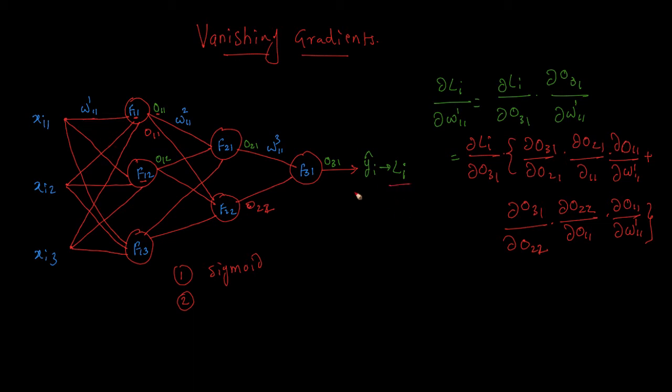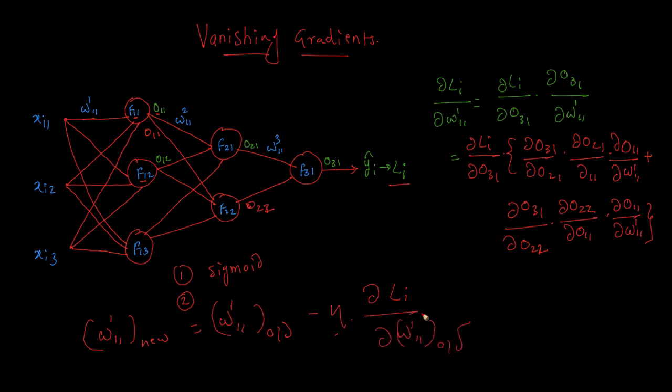For example, if I want to update weight W11, the formula is W11 new is equal to W11 old minus eta, the learning rate, times the derivative of loss with respect to W11 old. That means we need to compute the derivative of the loss with respect to the weight I want to update. So let's say I want to update this W11, so I need to compute this derivative.